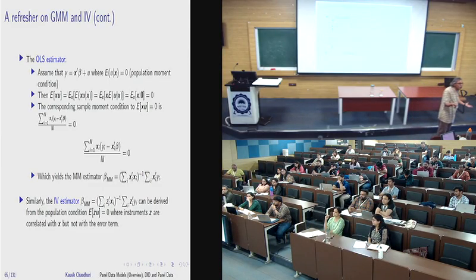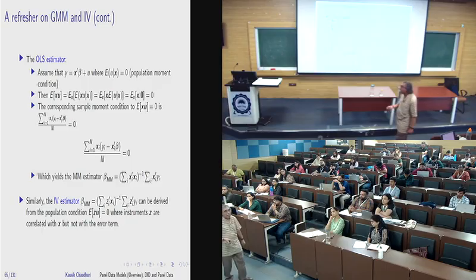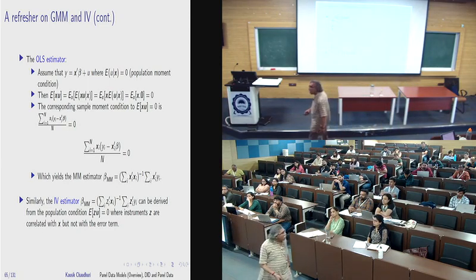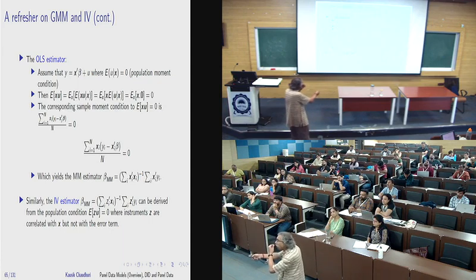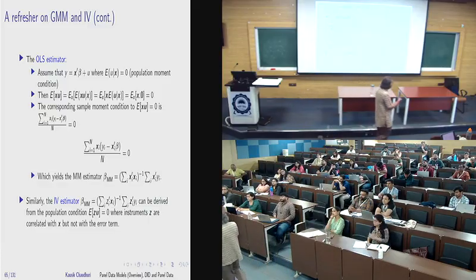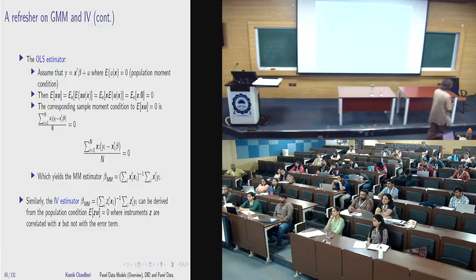What you need is the expectation of xi and the residual in a population context to equal 0. The sample counterpart is the average of that being equal to 0. Clear? Hence the MM estimator is the inverse of the summation of xi transpose xi, times xi transpose yi, which we write as beta hat equals (x transpose x) inverse x transpose y.